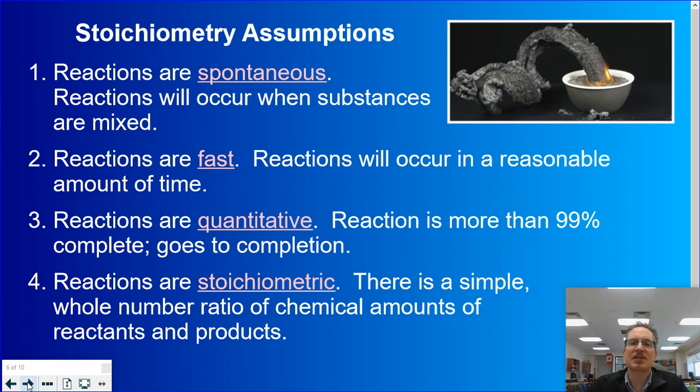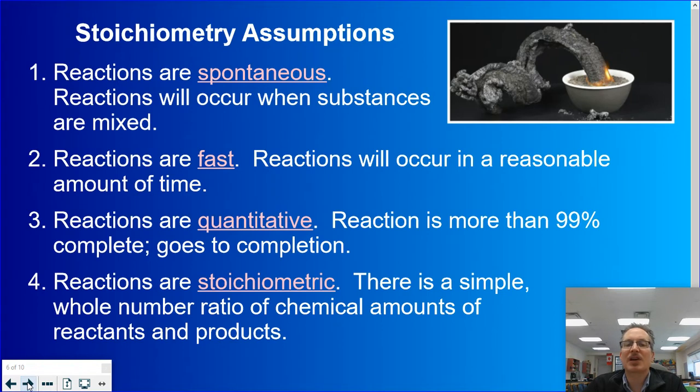When we say a reaction is spontaneous, that means that when I mix 2 chemicals or I have a compound and it will break down, there will be a reaction when these substances are mixed. Secondly, when I say reactions are fast, this means that the reaction will occur in a reasonable amount of time. We will not have to wait hours or days or even a year for bigger reactions like rusting to occur.